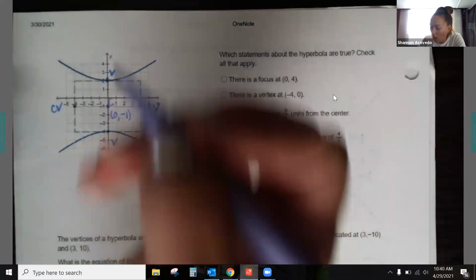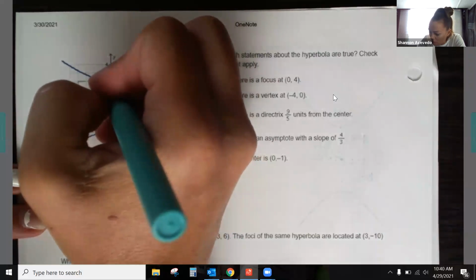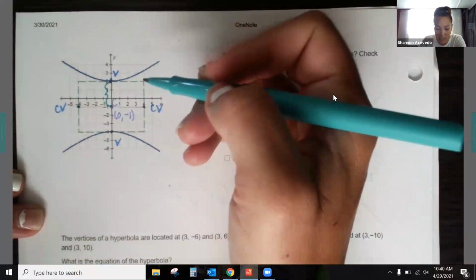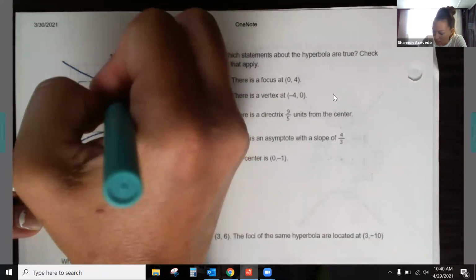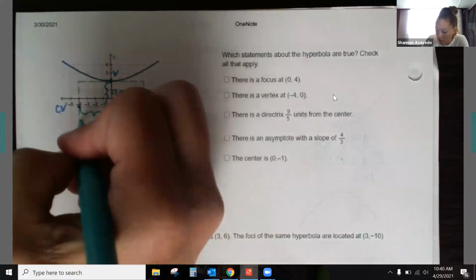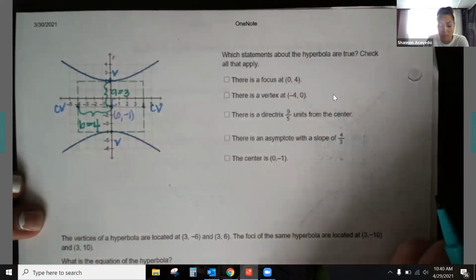What else do I know? I know that my a value, my center to my vertex, is going to be 3. A is equal to 3. I know my co-vertice to my center, that's my b value, and that distance is going to be 4. So I know my a and my b value.